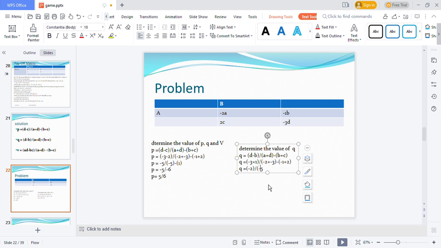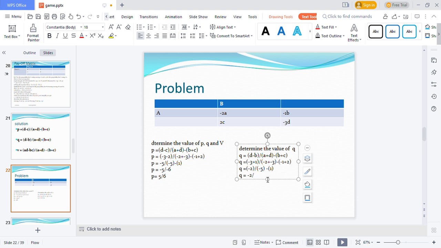Then you close, minus, open the bracket, -1 plus 2 is 1. You close the bracket. And then we move to the next one. Q equals -2 divided by -5 minus 1.